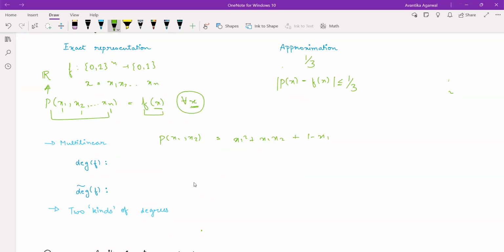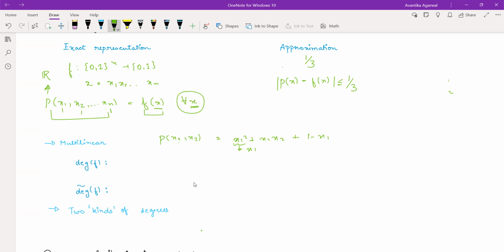We only care about the value of this polynomial at n-bit inputs, so x1, x2, ..., xn would always be either 0 or 1 when we care about the value of this polynomial. So we can replace x1 squared by x1 and the value would remain the same, because 0 squared equals 0 and 1 squared equals 1. So the highest power of any of these variables in this polynomial would always be 1. So it will be a multilinear polynomial in general.